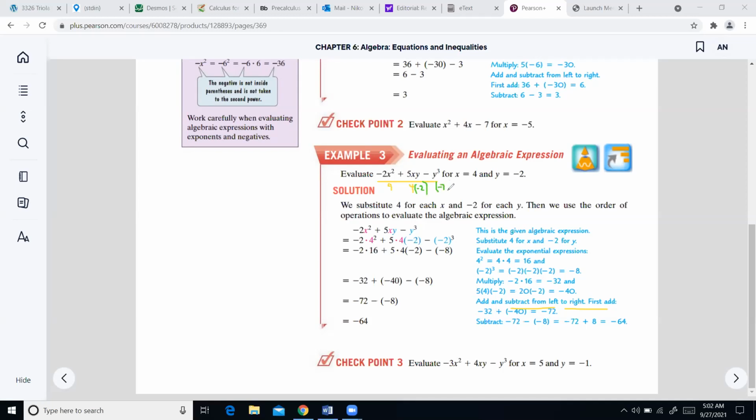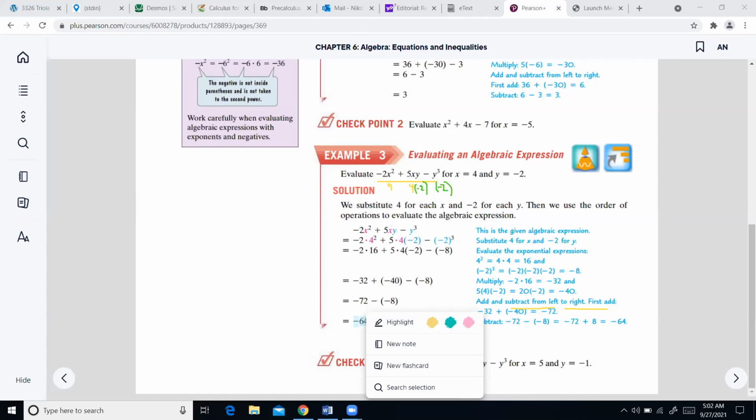Once you replace your variables x and y with those 2 numbers, then eventually you simplify and you get the answer -64. So all we can do with those algebraic expressions is simplify them.